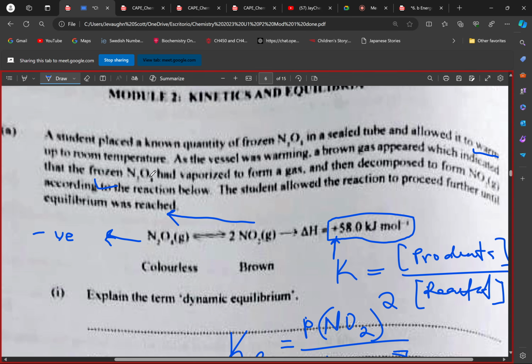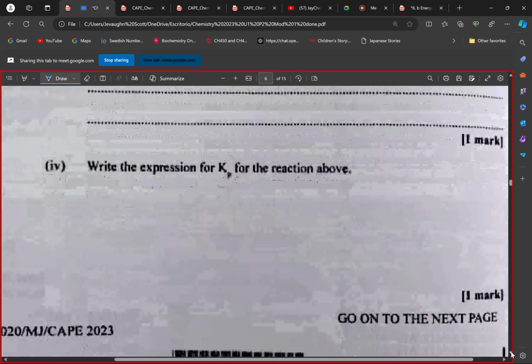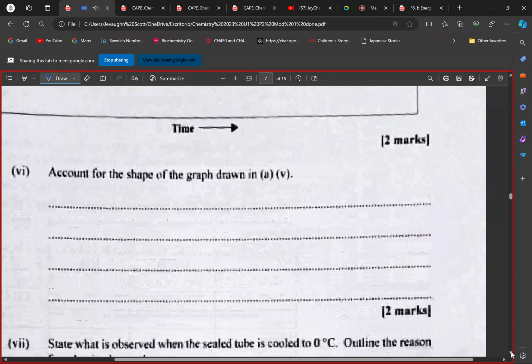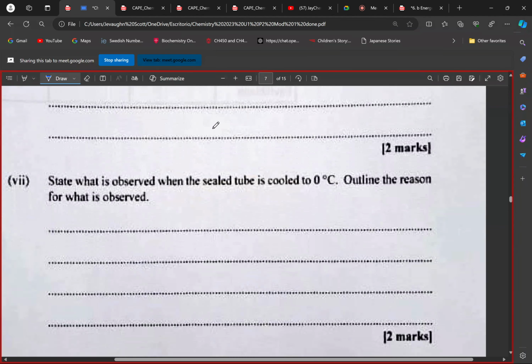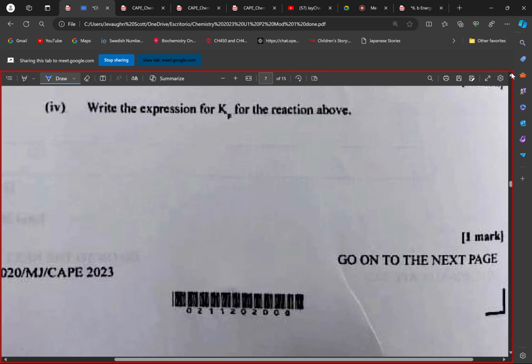Right? So it's around room temperature now. The question itself now begs the question. Let's see here. State what is observed when the sealed tube is cooled to 0 degrees. We're decreasing the temperature. So what that simply tells us is that when we look at the entire thing, let's go back up and look at it.